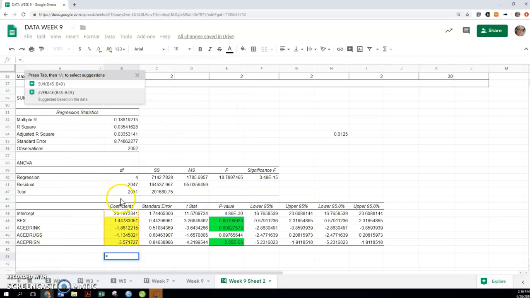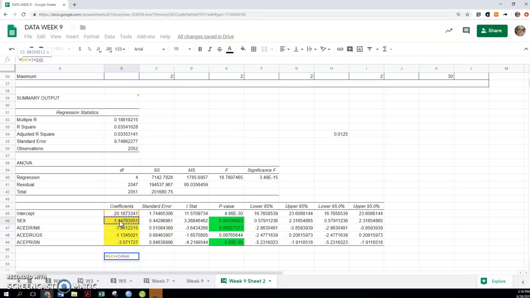So this would be this plus 2 for female times this plus, and we're saying someone does have drinking, plus someone does have drugs, plus this person did have someone go to prison. On average, we'd expect a little over half the month for them to have poor mental health.